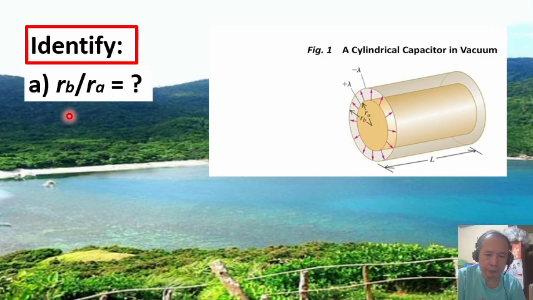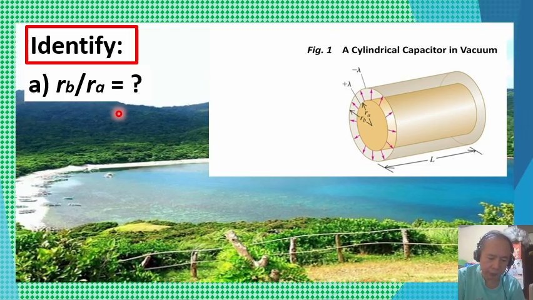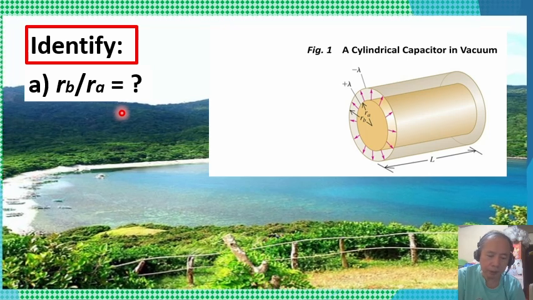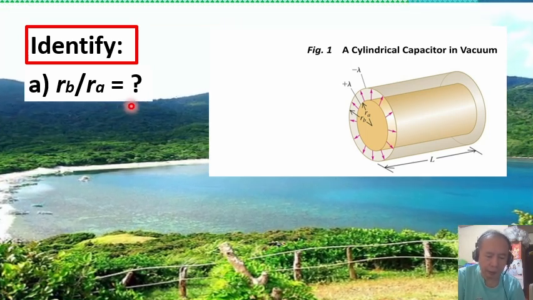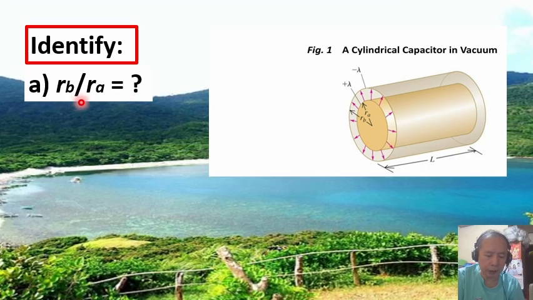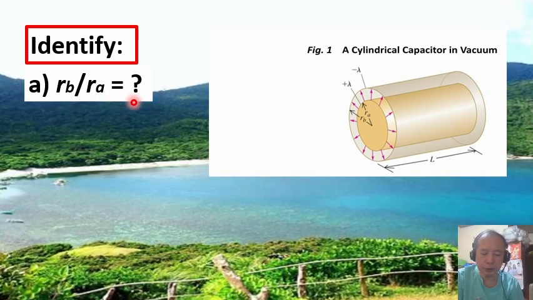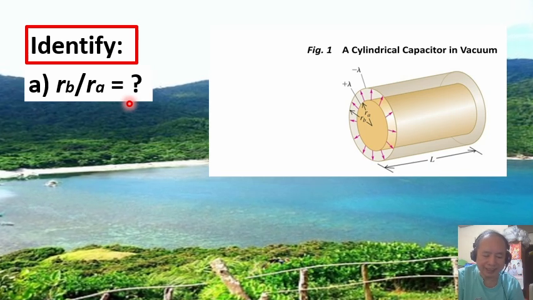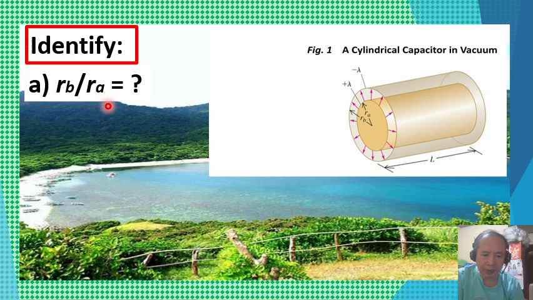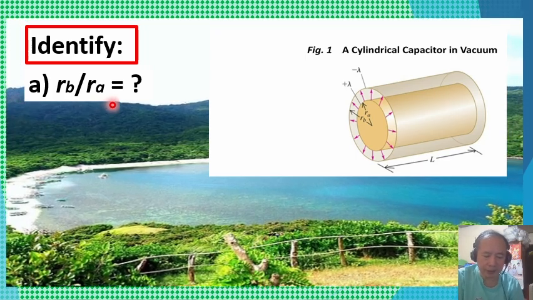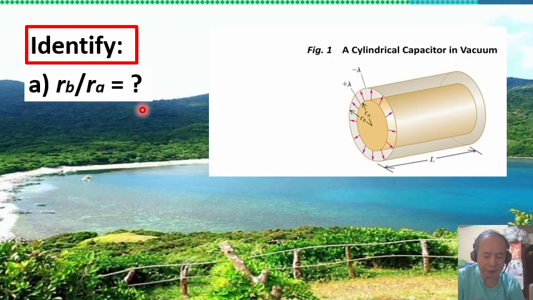In part A, we are to determine the ratio R sub B over R sub A. R sub B refers to the inner radius of the outer cylinder, and R sub A is the outer radius of the inner cylinder.